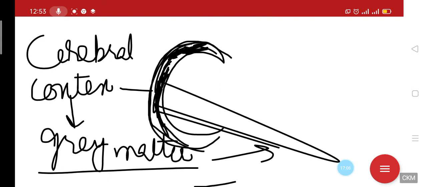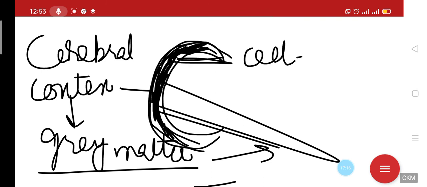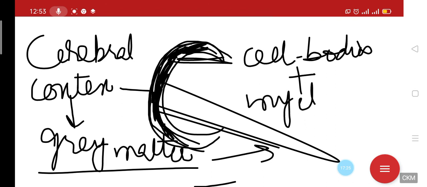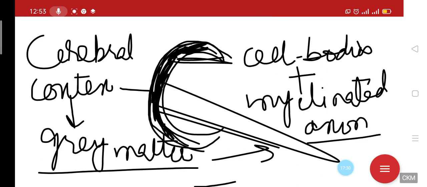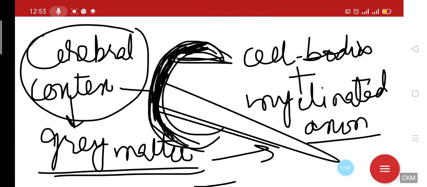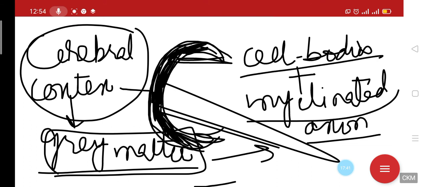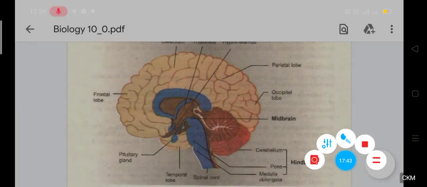The white matter is present beneath the cerebral cortex, and it is made up of cell bodies plus, an interesting thing you have to know, myelinated axons. So the cerebral cortex is the gray matter, and beneath the cerebral cortex there is the white matter, which is made up of cell bodies and myelinated axons.